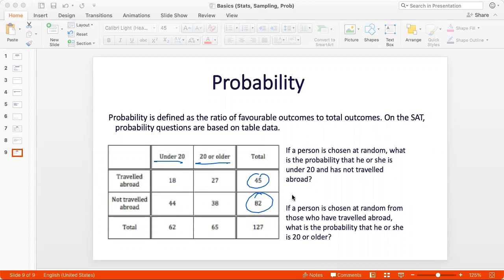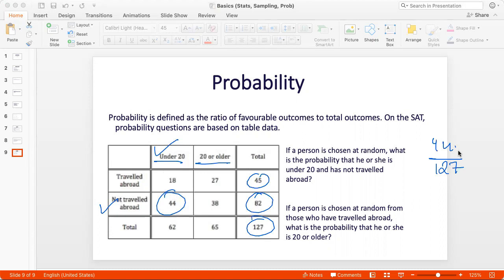meaning I'm not putting any condition, so my denominator would be all possible participants, 127. What is the probability that he or she is under 20 and has not traveled abroad? Under 20 and has not traveled abroad. So that's 44. So my denominator is all the possibilities, and the favorable possibilities are the numerator.